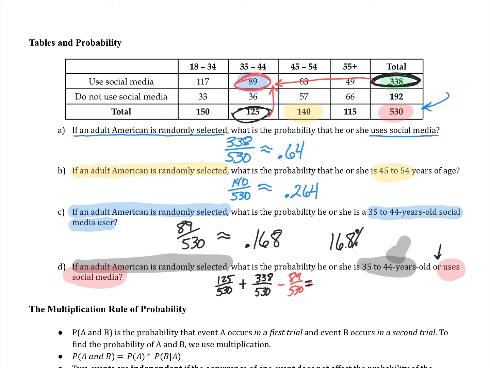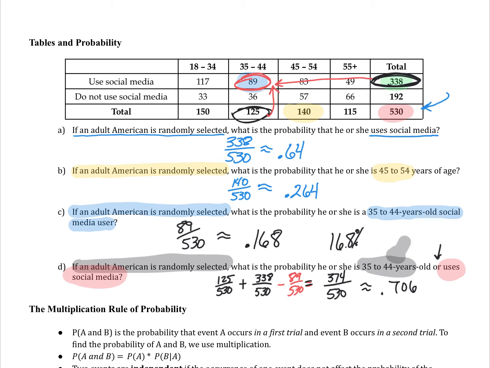When we combine all our terms, my numerator is going to be 374 out of the 530 people. That fraction does reduce, but what we need to know is that it comes out to about a 0.706 probability, so just under 71%.